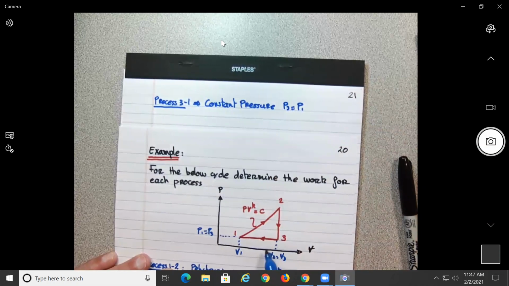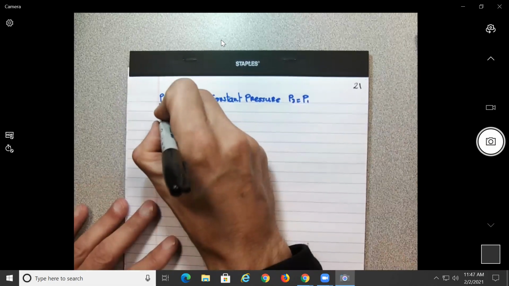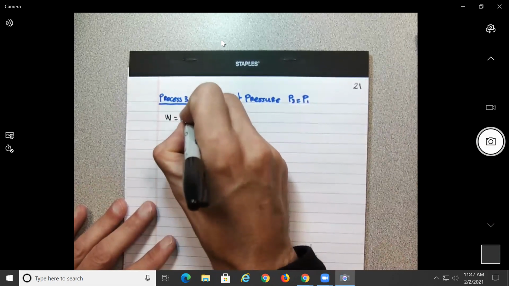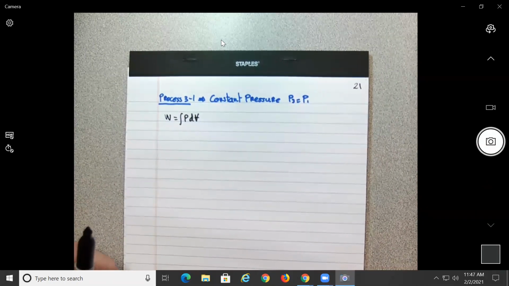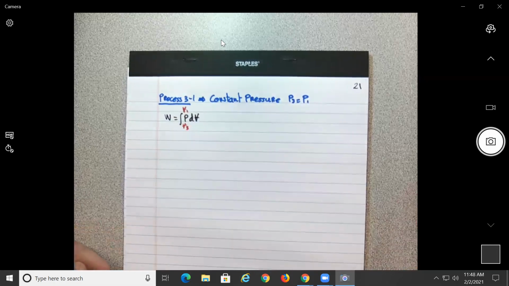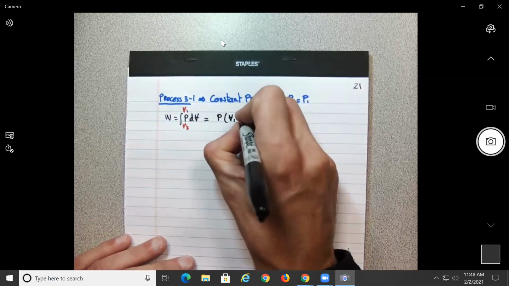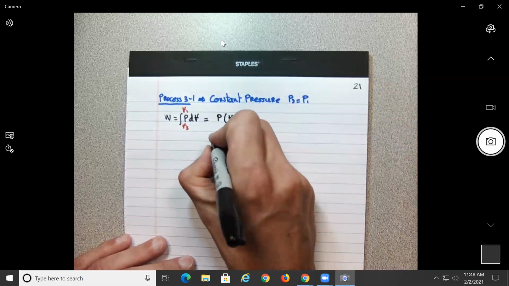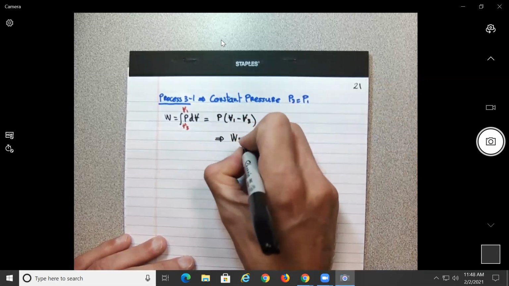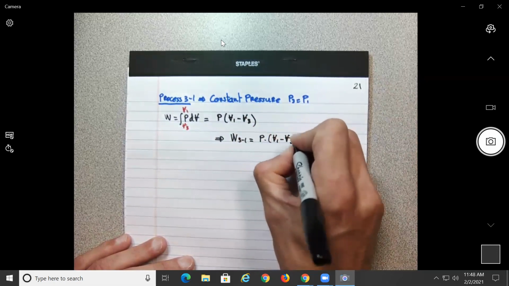All right? So it should be the area under the curve. So again, we take the equation, I don't memorize, equal to P dV. So this time we be careful here on the order, we integrate between V3 and V1, no? So this will give you, this is equal to P V1 minus V3, so we could say that work 3-1 is equal to P V1 minus V3.